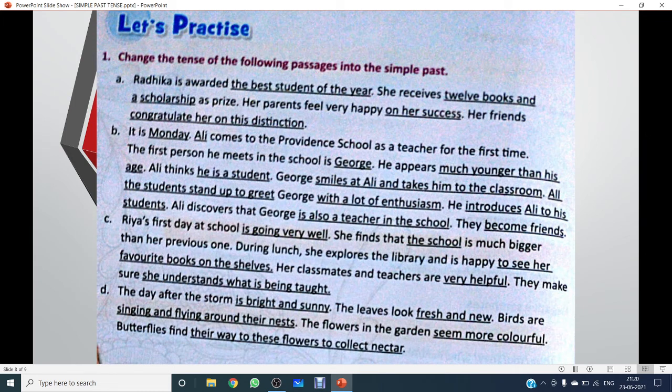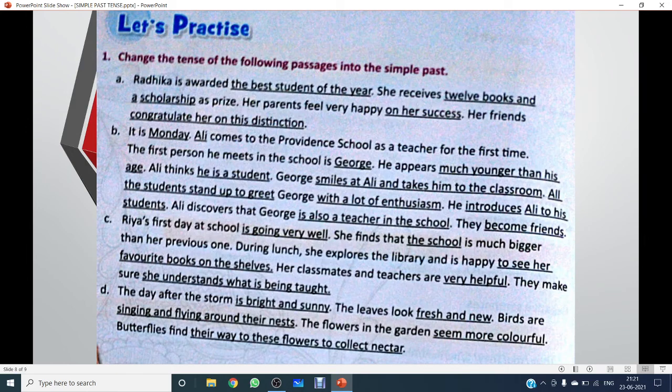Now, number C. Ria's first day at school is going very well. She finds that the school is much bigger than her previous one. So, Ria's first day at school was going on very well. She found that the school was much bigger than her previous one. During lunch, she explores the library.